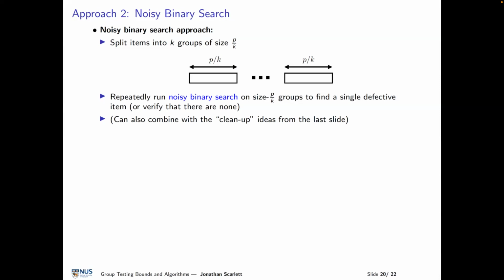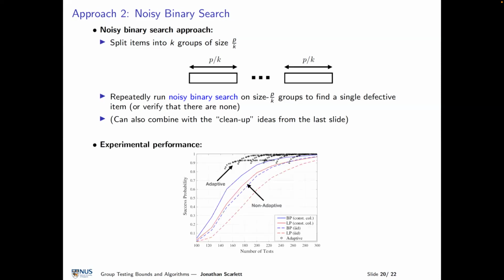To get really sharp constants in the theory, we had to refine it using some of these cleanup ideas, but that's basically the idea of the algorithm. When we ran it experimentally, we didn't even need to do the refinements. We literally took a famous noisy binary search, I think it was Karp-Kleinberg's multiplicative weights algorithm. We just used it in a very simple way, and we got quite a big reduction in the number of tests compared to the state-of-the-art non-adaptive.